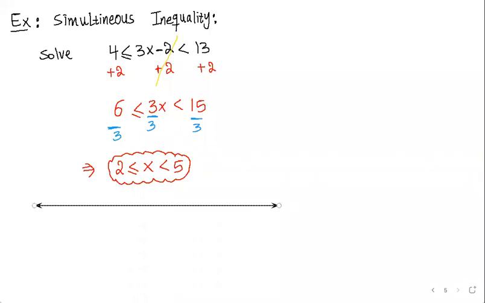At 2 there is a closed circle because we have equal. At 5 we have an open circle because we don't have an equal symbol. The solution is between 2 and 5. This is the solution set.